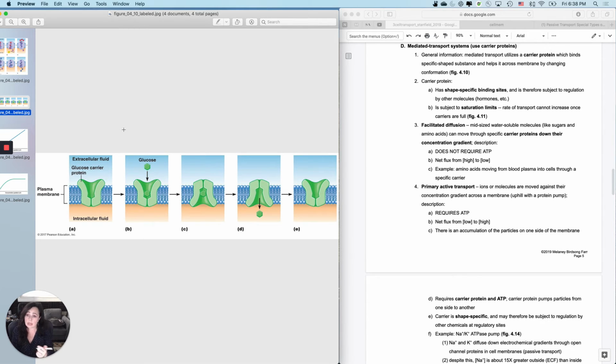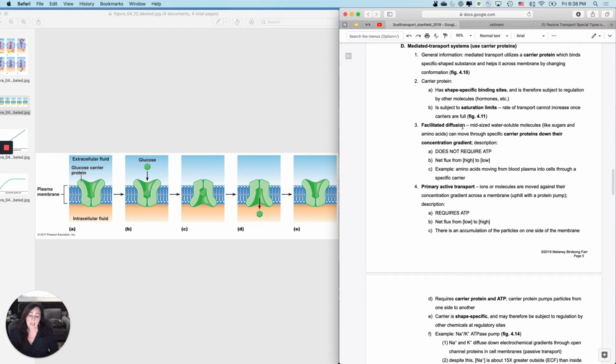It's still free as long as the concentration out here is higher than the concentration in here, and you want it to go in. It's still only going to move things down their concentration gradients if we're talking about this, which is facilitated diffusion. This is a really common way to move mid-sized water-soluble molecules like sugars and amino acids. And they're going to move down their concentration gradient through specific protein doors, right? Carrier proteins.